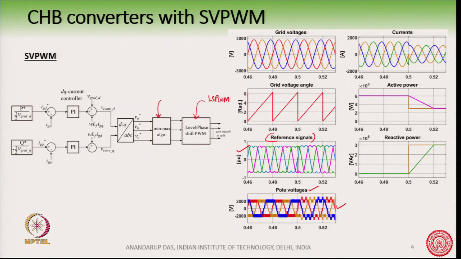If you see it very carefully, there is a small change in the modulation index here, and there is a small change in the waveform on the left hand side and on the right hand side of the reference waveform, that is causing a change of the waveform shape in the output voltage. So, this is the active and reactive power which are getting injected into the grid.